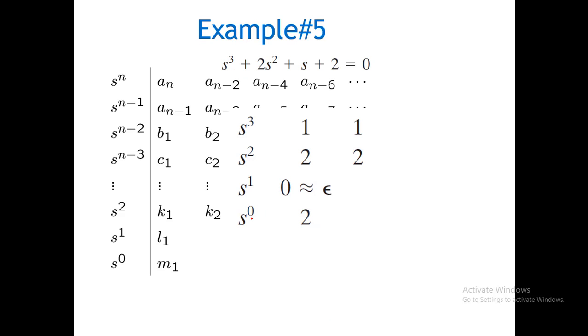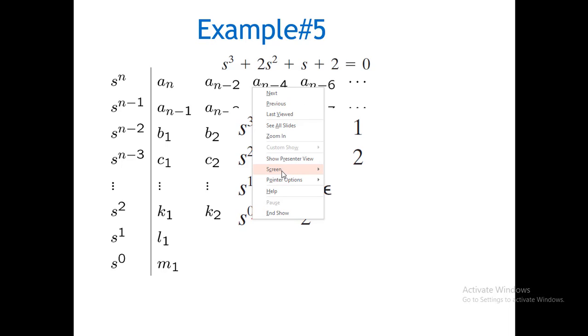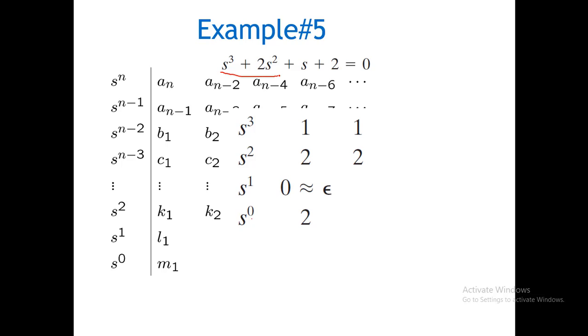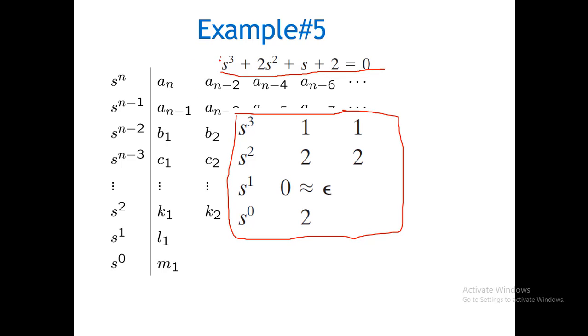So let's see with an example. You can see that in this example, this is the characteristic equation given to us, and this is the RH table that we have just solved. It starts from S3 and goes to S0, and the values will be 1, then 2 will be skipped, then 1 again, and the other row will be similar to 2.